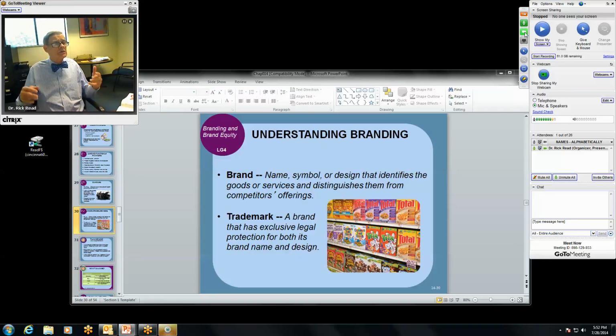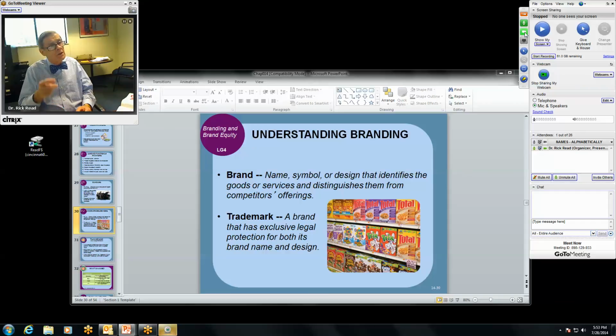Notice that, again, it's a name or a symbol that we associate with a specific product, or in some cases with a line of products. The brand tries to identify the particular product and then differentiate it in some way from its competitors.